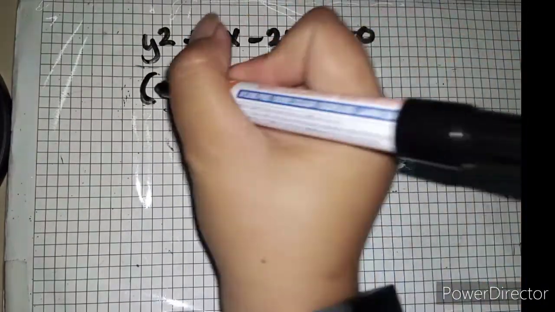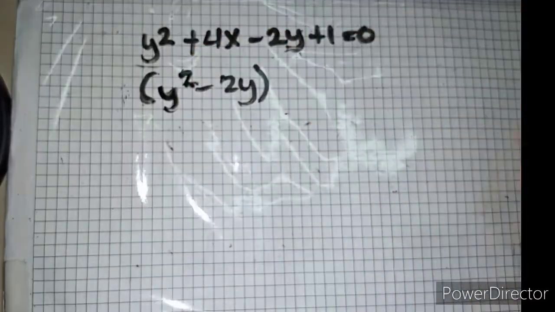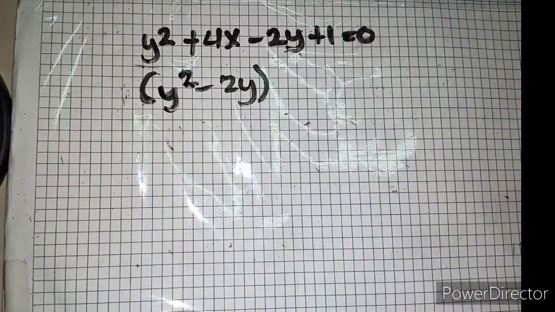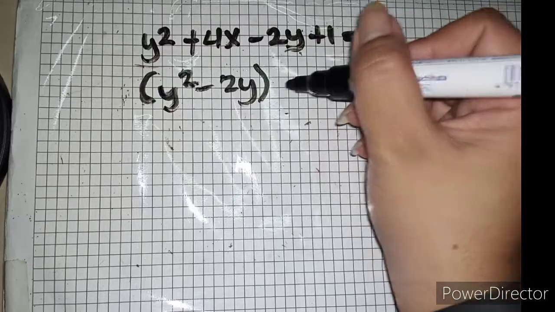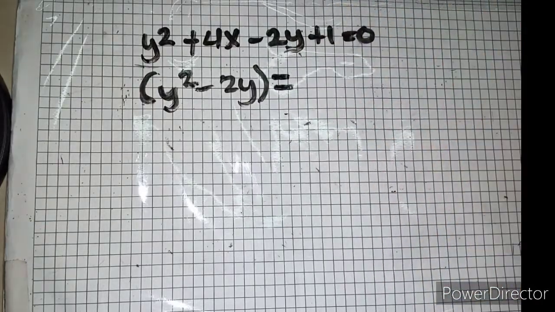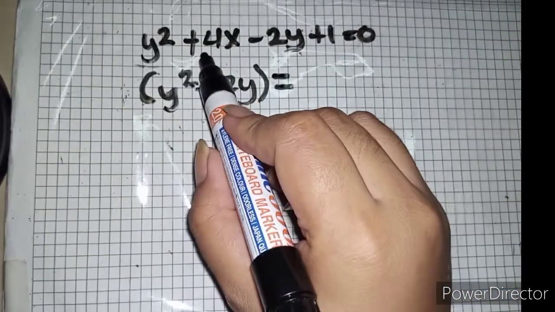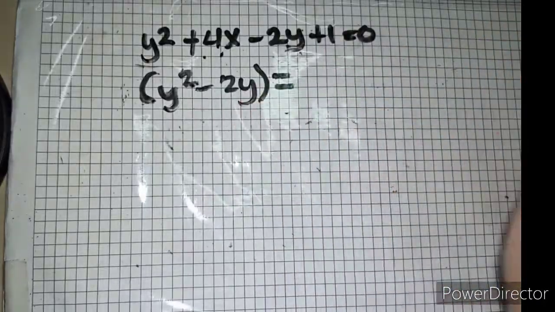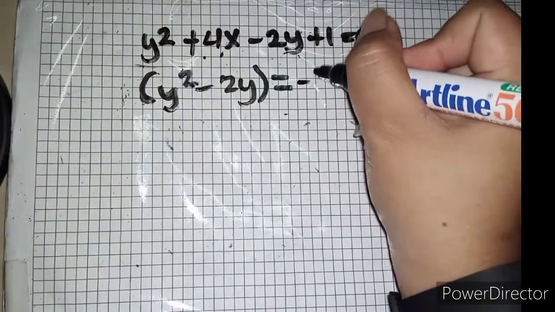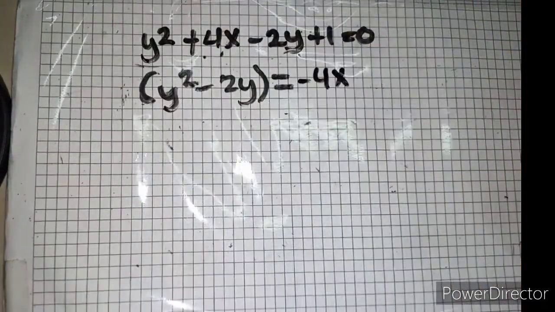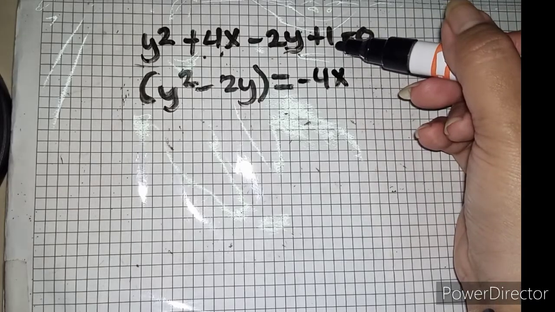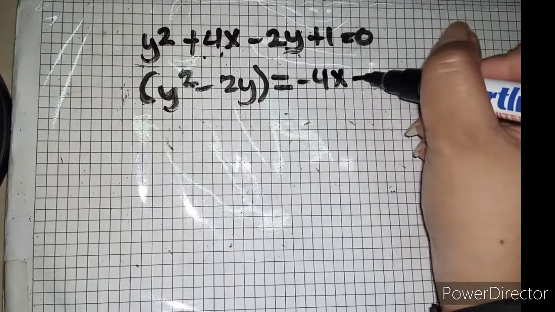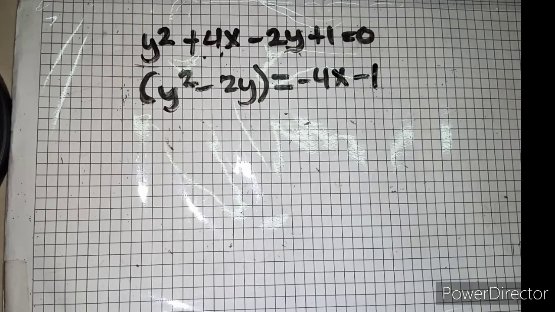And then, yung remaining na hindi natin na-isolate, ilalabas natin siya sa labas ng equal sign. Okay? So, maglilagay tayo ng equal. So, from positive 4x, pag nilabas natin, magiging negative 4x yan. Then, from positive 1, magiging negative 1 yan.